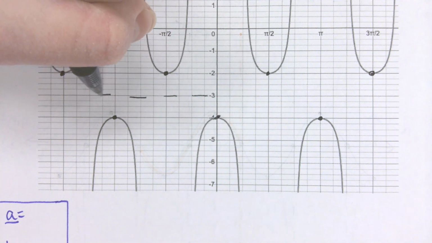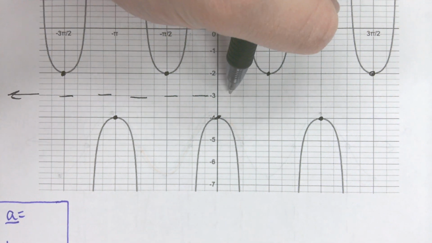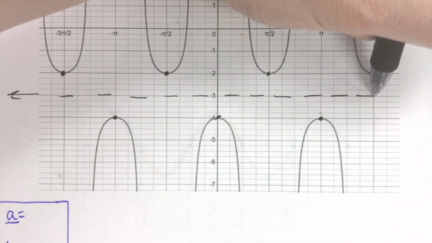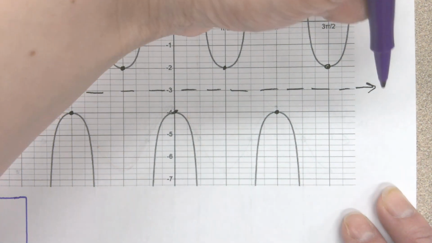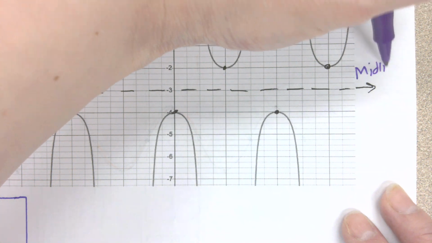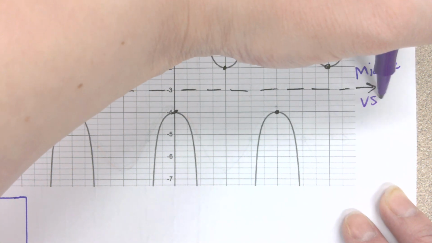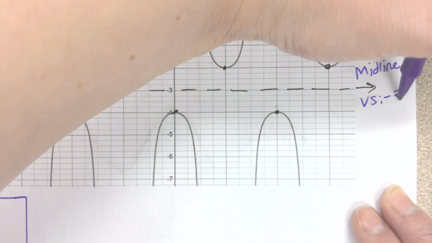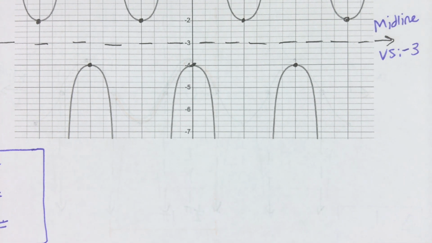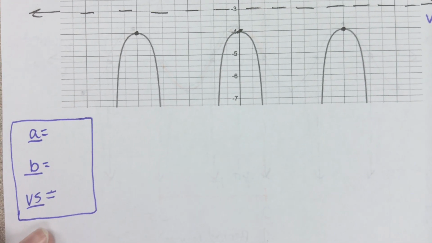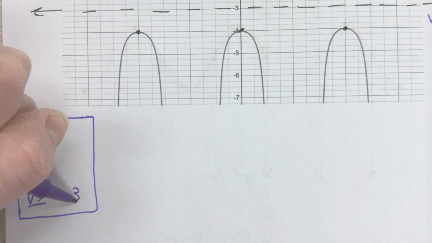I didn't get too creative on these. So reminder, that means this is our midline, and it's also our vertical shift of -3. So we now know that vertical shift down here is -3.